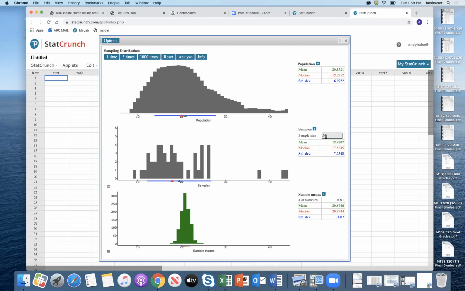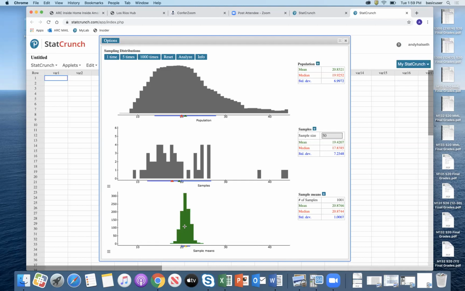So if I have a large enough sample size, it doesn't matter what the shape of the original population distribution looks like, your sampling distribution is normal or bell-shaped. That's an important concept in statistics that you will see pop up time and time again as we go through these chapters. Okay, let's get back to the handout.